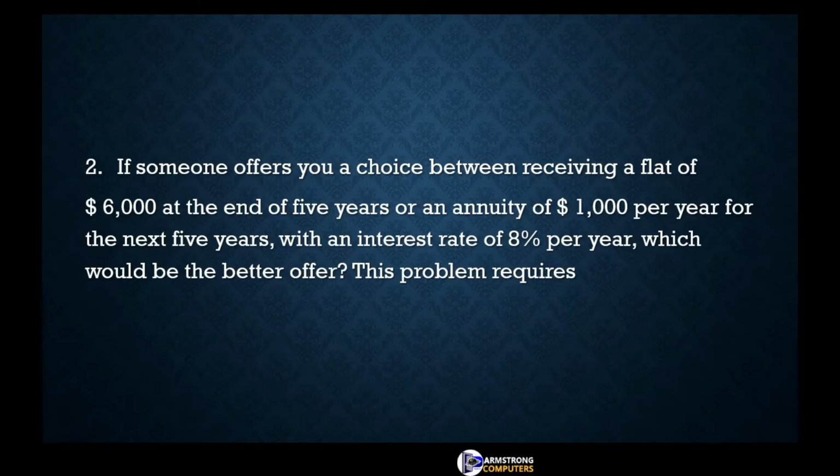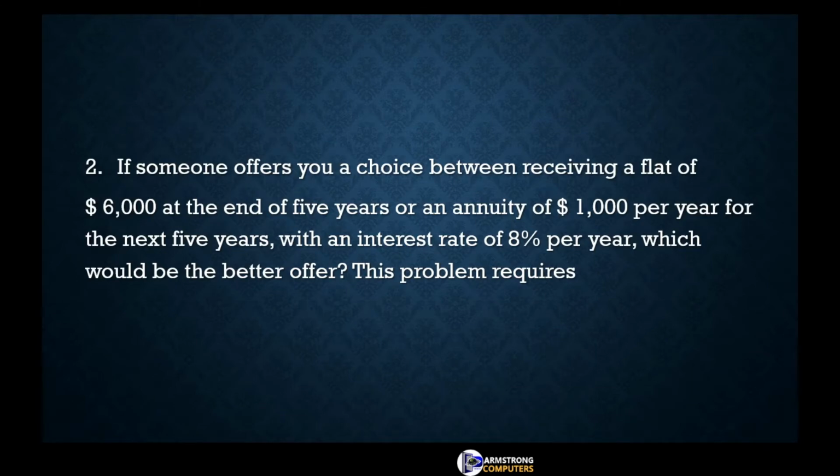Now let me take it again for you to understand. The first choice is the 6,000 US dollars. Within 5 years, you are bringing the 6,000 US dollars flat, no interest on the 6,000. The other one is that they want you to make payments of 1,000 per year for the next 5 years with an interest rate on that 1,000 of 8%.